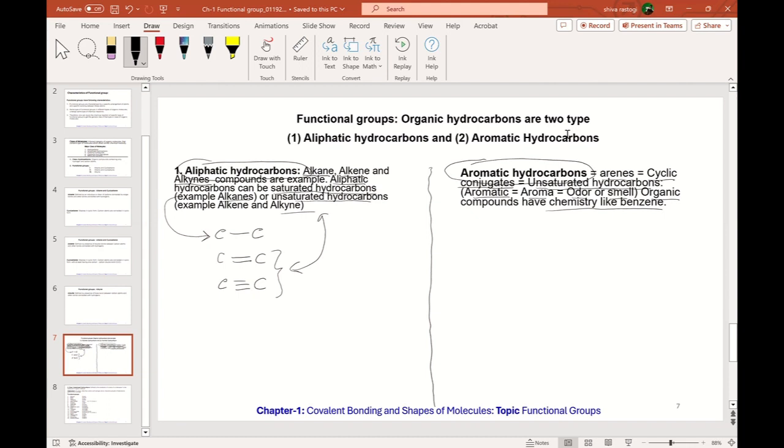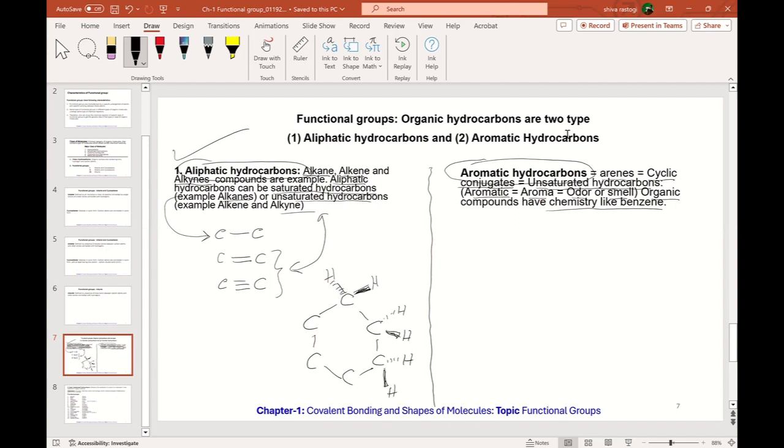So let's take an example. In case of aliphatic hydrocarbon, for an example, if we have carbon, carbon, carbon, I'm writing a 6-member ring here. So here you can see each carbon is connected with 2 hydrogens. One will be above the plane, one will be below the plane. Similarly, all hydrogens will be like this.